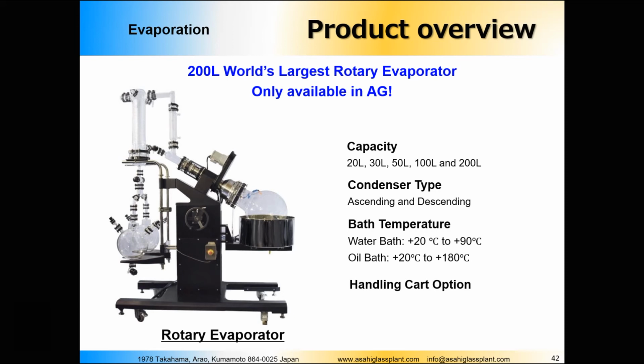There was a 6-liter explosion-proof rotary evaporator that was sold in Russia, and it has a very complicated cooling system. It has 3 types of cooling, so 3 receivers.